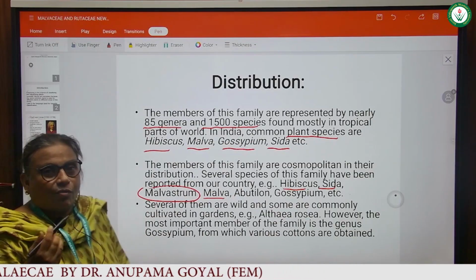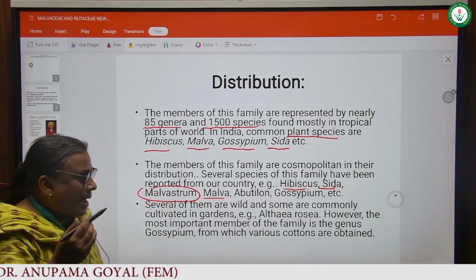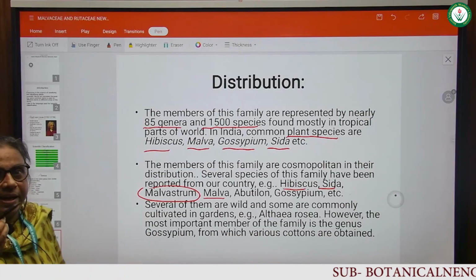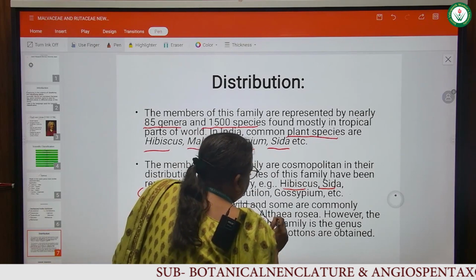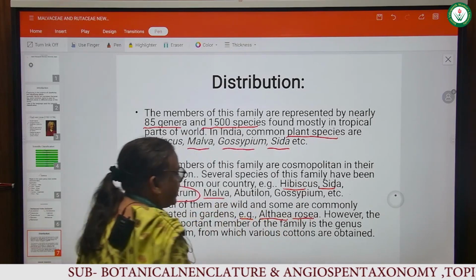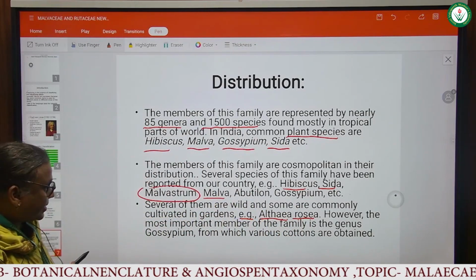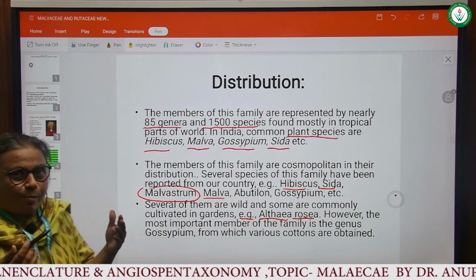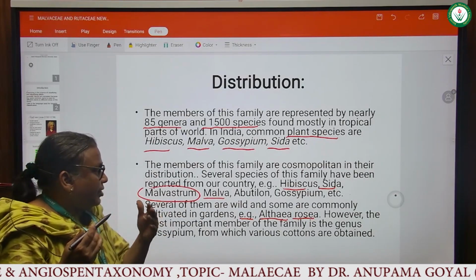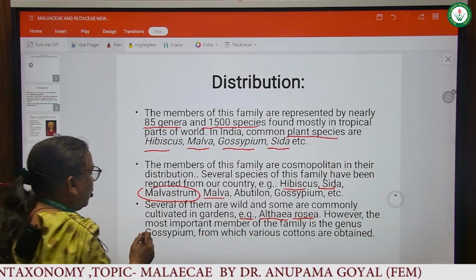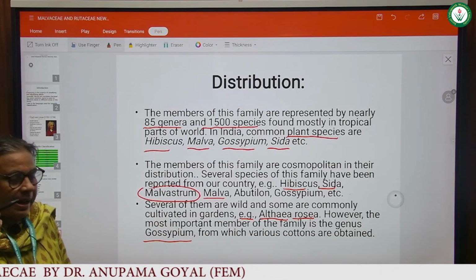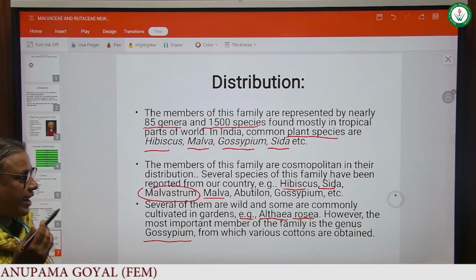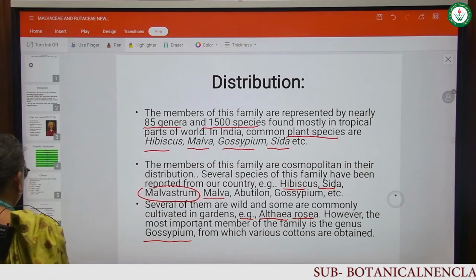Several of them are wild and some are commonly cultivated in gardens. Althaea rosea is cultivated in gardens. However, the most important member of the family is the genus Gossypium, from which various cottons are obtained.